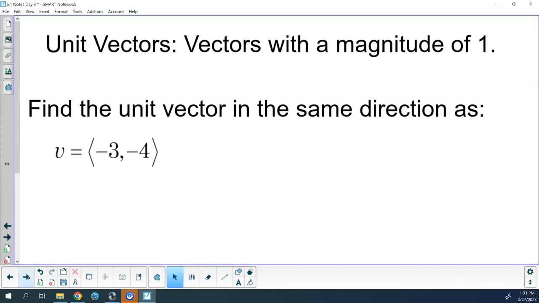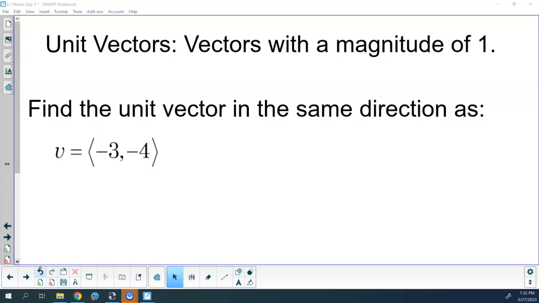So if we want to find the unit vector in the same direction as vector v here, in the white packet we're on page 3, just after number 8. Okay?